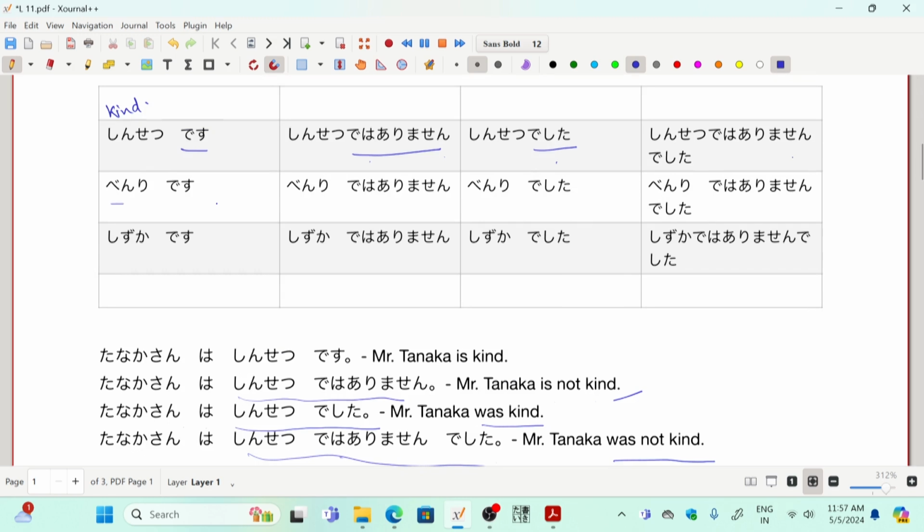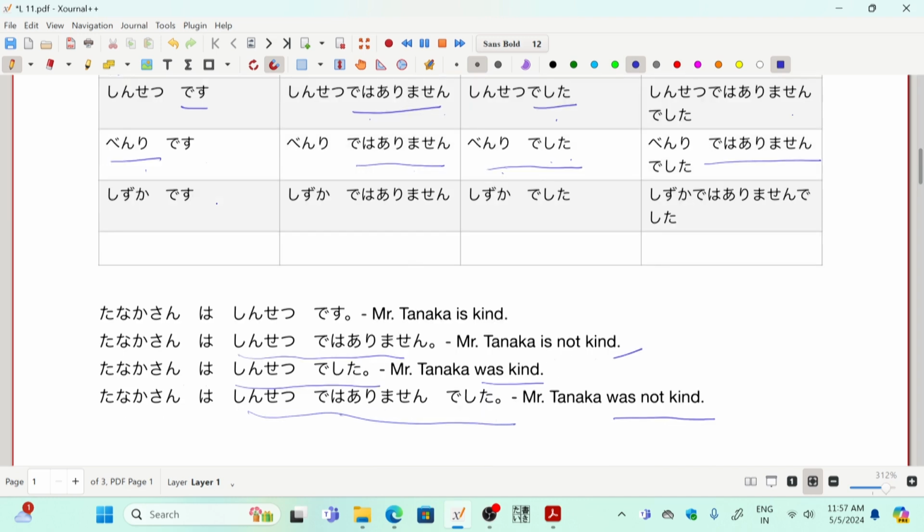So next we have taken the example of benri, which means convenient. So benri desu. Benri ja arimasen, the negative. Benri deshita, in past, it was convenient. Benri ja arimasen deshita, it was not convenient.